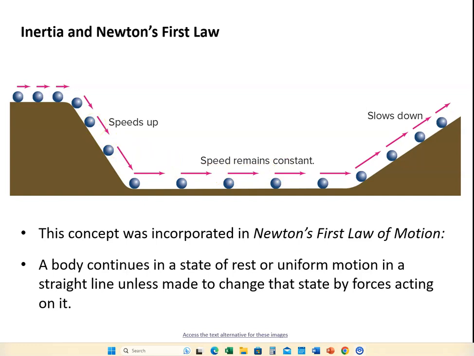So even Galileo starts to think about this idea of friction, but Newton really takes that and develops some serious physics with it.